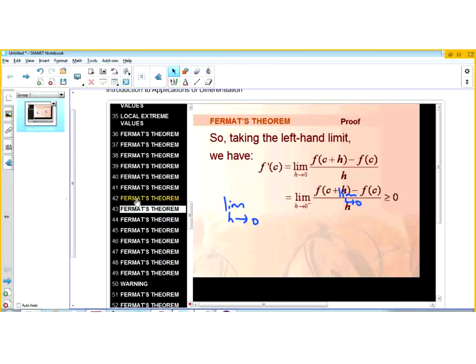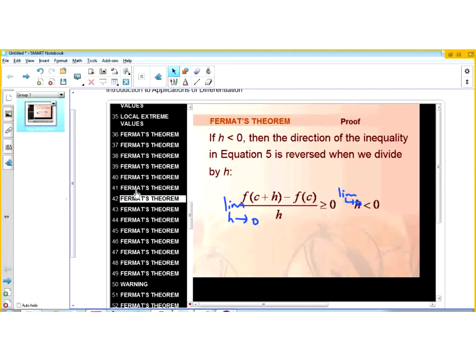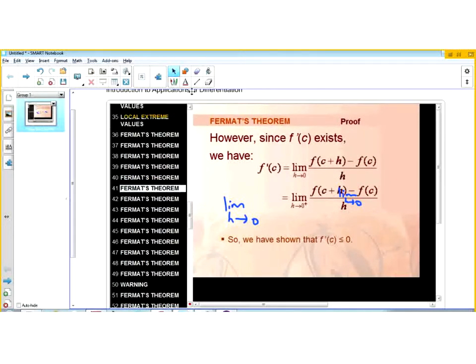Okay. So remember, the reason why we have an inequality here, and so this isn't quite true. We should technically have something like this, because we know that f of c plus h is less than f of c.